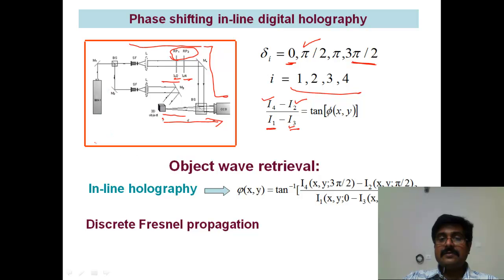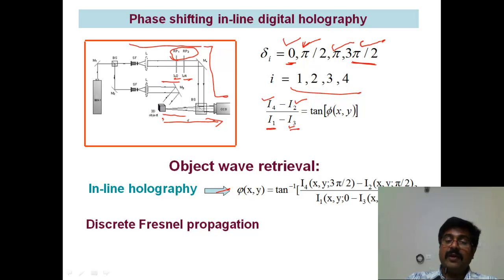This is hologram number I4. So in this process, four holograms are recorded with the reference wave phases 0, pi by 2, pi and 3 pi by 2.